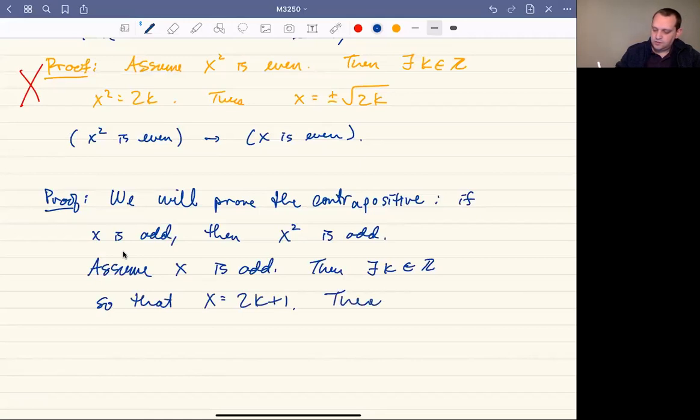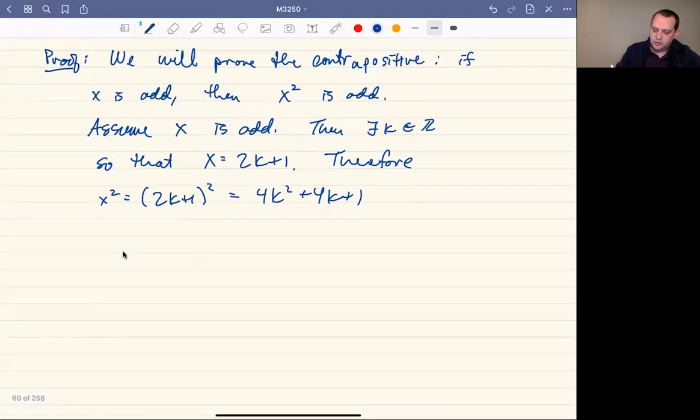Then all we have to do is compute x squared. So x squared, which is (2k plus 1) squared, is going to be 4k squared plus 4k plus 1. And notice that that's a multiple of 2, plus 1. So x squared is odd, and we're done.